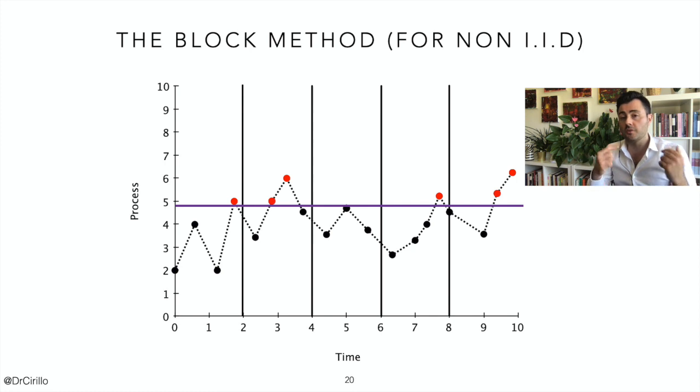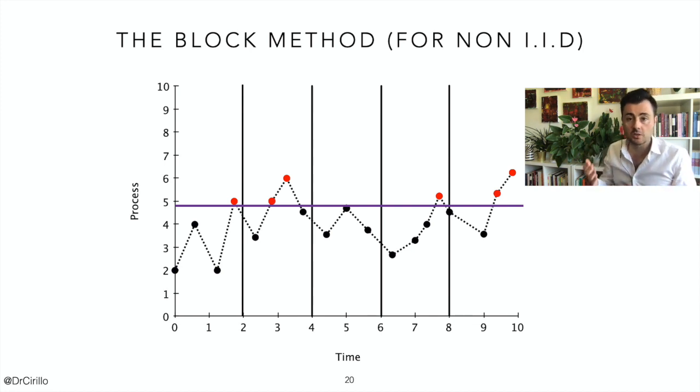So differently from the block maxima in the basic setting, in which we pick the maximum of every block, here we also impose a threshold, and we will only pick those observations that are above the threshold. And it may happen that within the same block we have one or more observations that lie above the threshold.